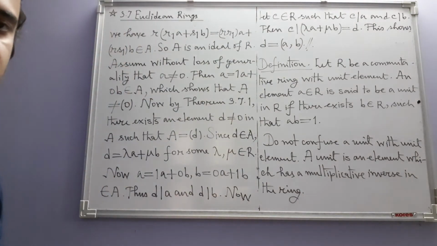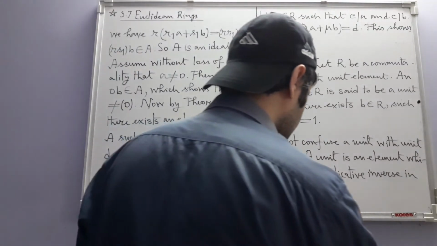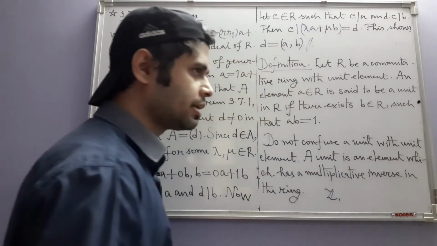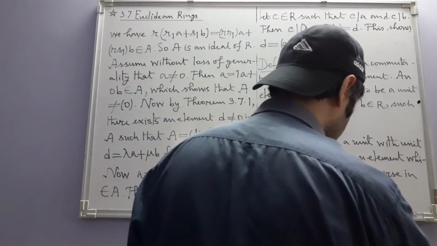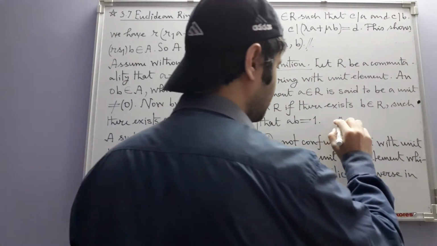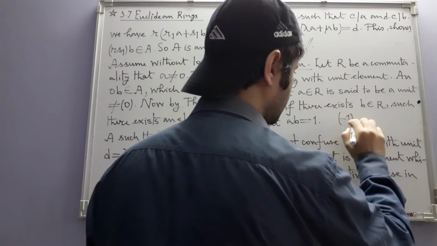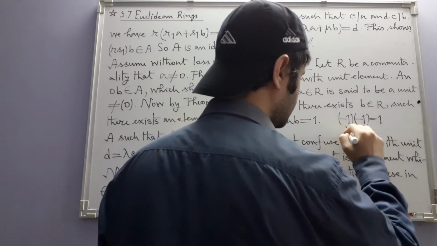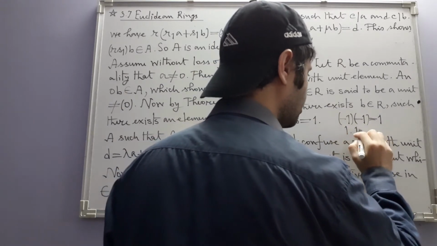A simple example is this: in the ring of integers there are precisely two units, -1 and 1. It's because -1 times -1 is 1, and 1 is always, if there is a unit element, a unit.